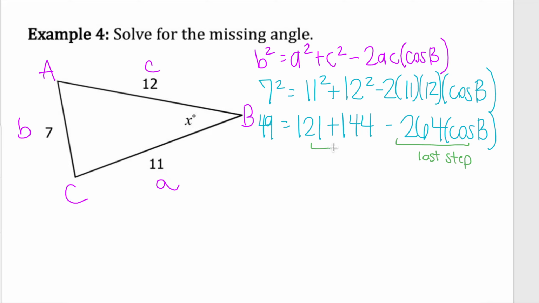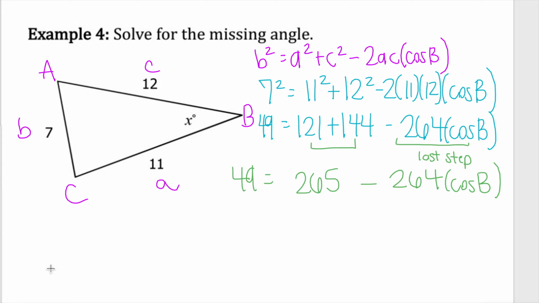So what we can do right now is add together 121 and 144, excuse me. So we get 49 is equal to 265, still minus the 264 times cosine of B. Again, still that last step, so now I can take care of my 265 by subtracting 265 from both sides. 49 minus 265 will be a negative number, and that's okay.